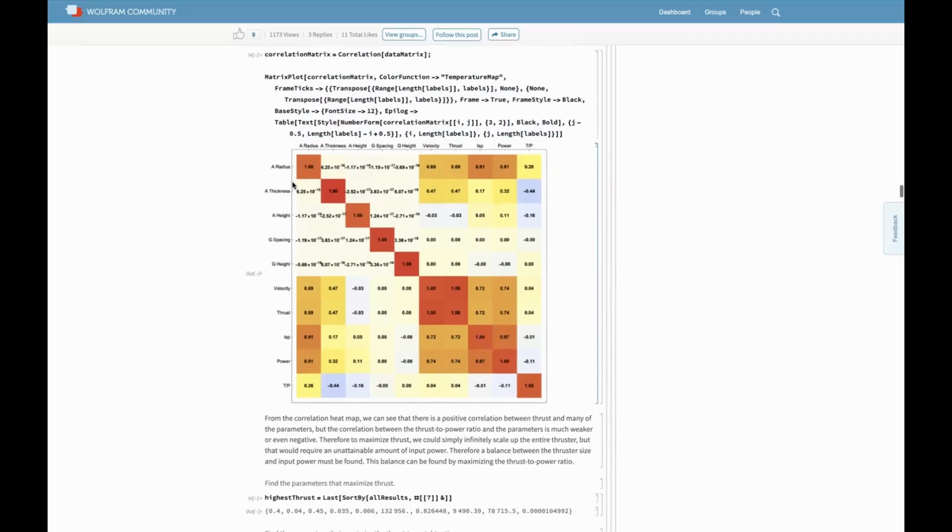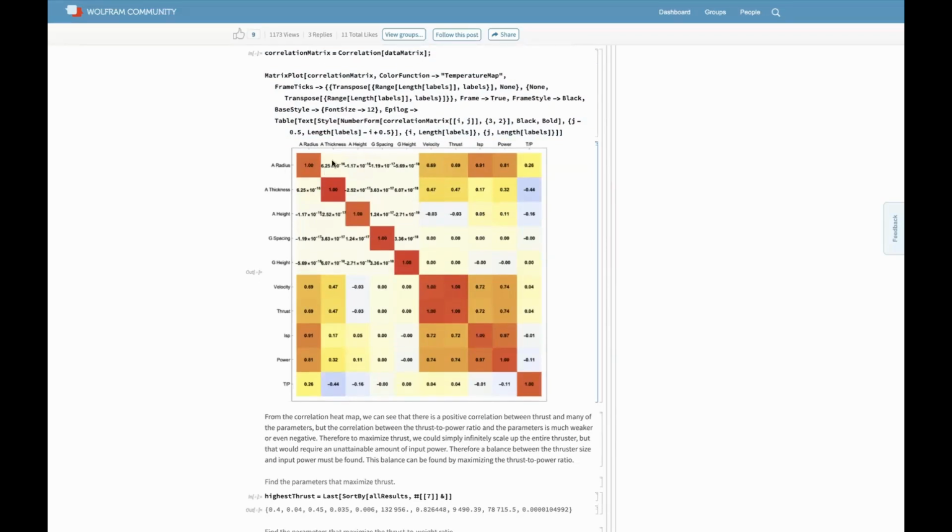The anode radius is really important at increasing the thrust, but it also hugely increases the power. Anode thickness also increases the thrust, with a high correlation of 0.47, but it also highly decreases the thrust to power consumption ratio, which isn't good. So we're able to see that even though anode thickness increases thrust, we don't actually want to increase that by too much.